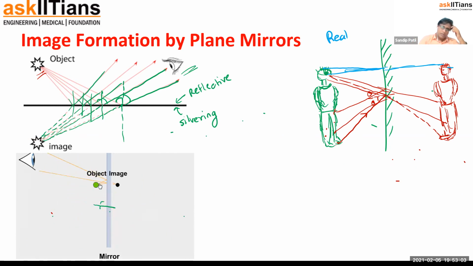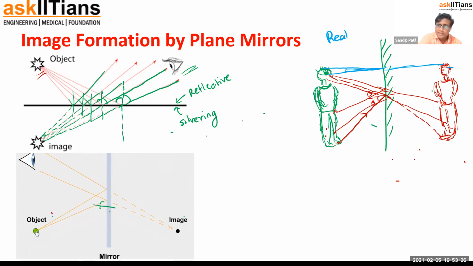Real means obviously easily you can understand, whatever you see in the mirror, that is not the real world, right? You only see it as a reflection. When you see your own reflection, there is no other person like your twin, right? It is not real. So we are going to call that virtual, right? So the image by the plane mirror is virtual.